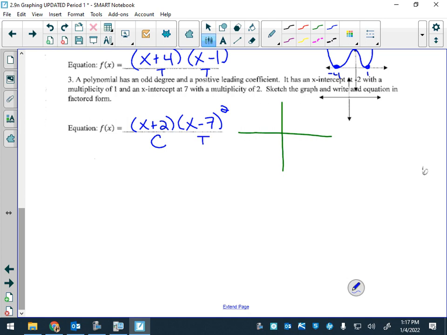Odd degree, positive leading coefficient, so it's going to resemble a what? Rosanna. Line. Thank you. Okay. So we have crossing, negative 2, touching, there we go. Okay. How many of you did get both of those correct? All right. Awesome. So we did all this.